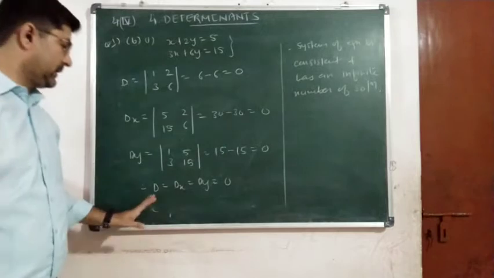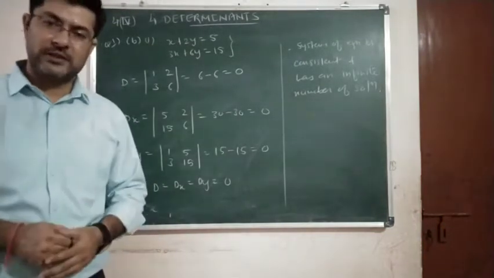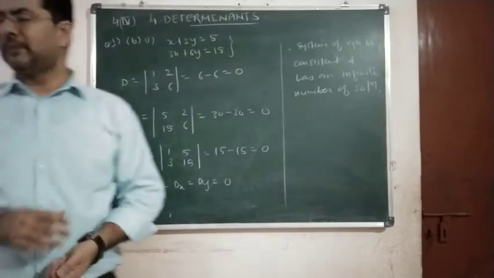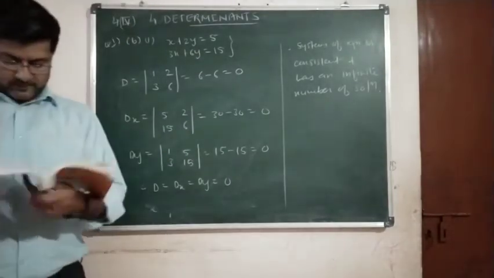Clear? Since d, dx and dy all the three are 0, the system is consistent and has infinitely many solutions.